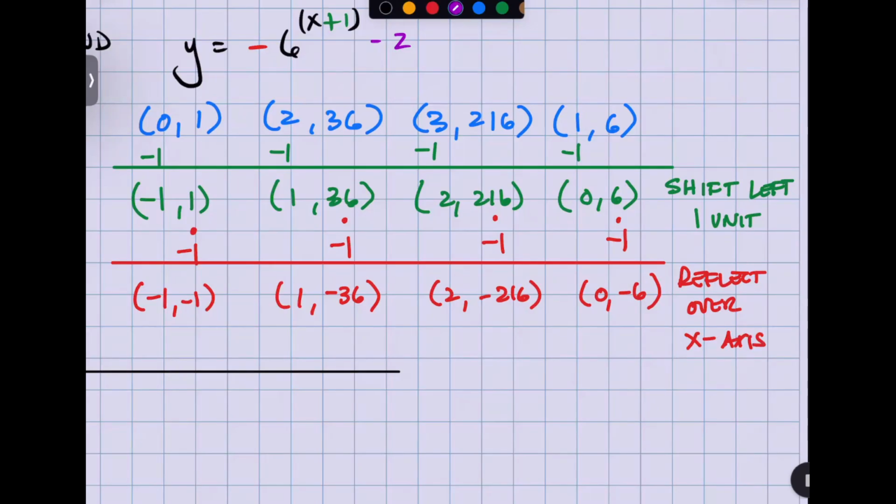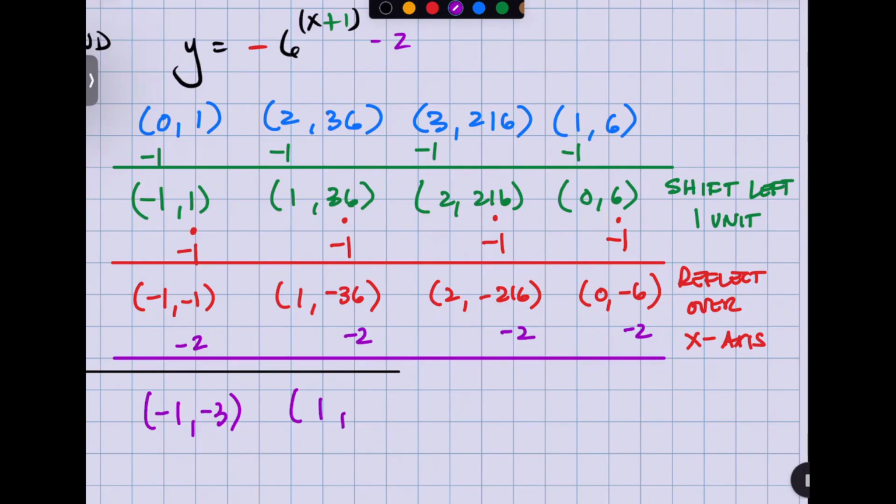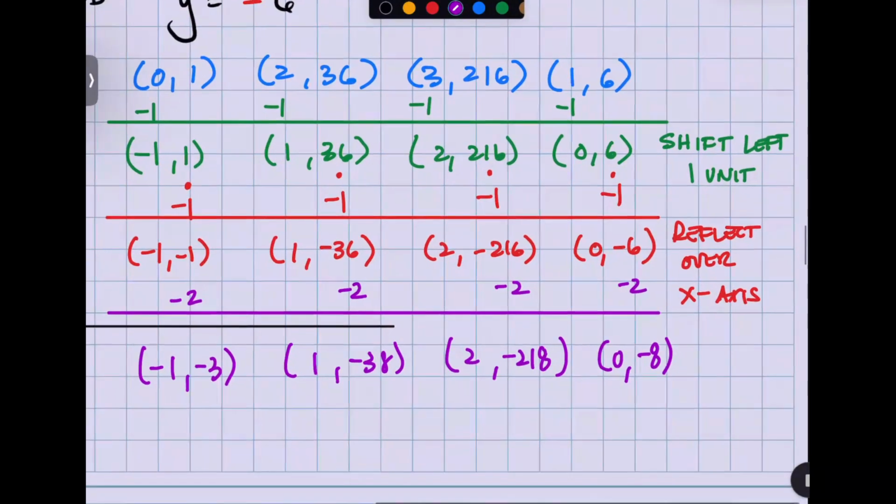And then last, I subtract 2 from what? The y value. And that's going to be a shift what?